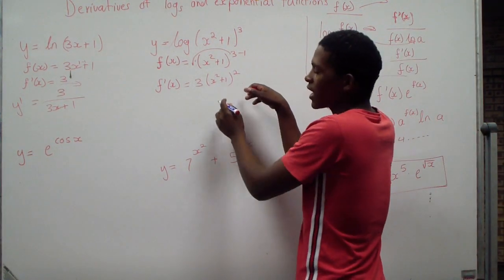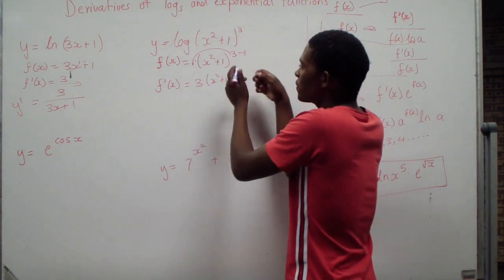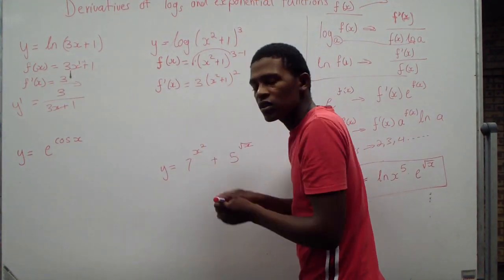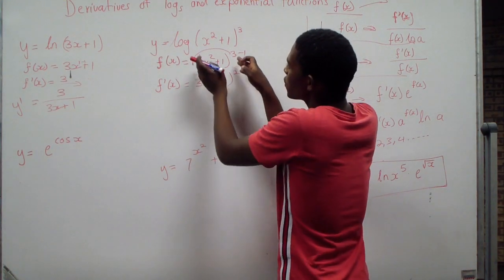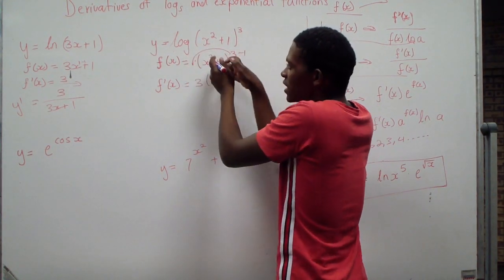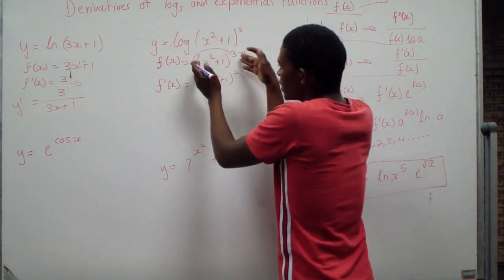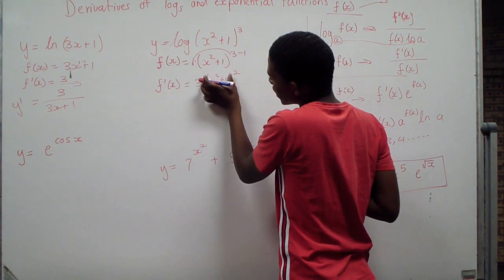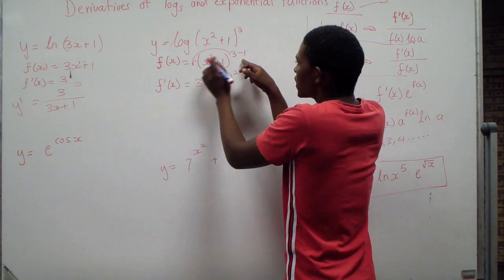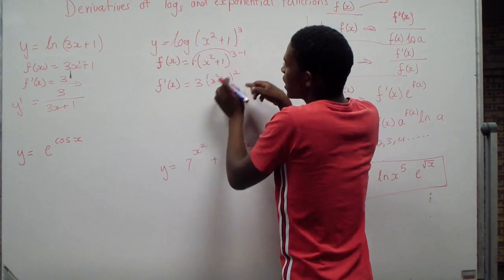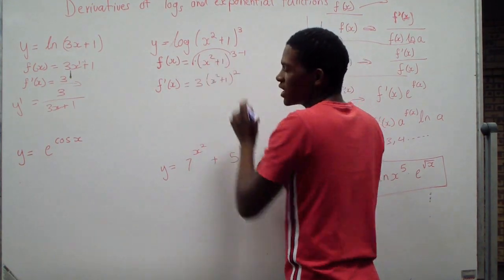Remember, I said in order to derive using the chain rule, you first derive the outer part, then the inner part. In this case, I took this as my outer part, so that's why I derived the 3 first. Now I'm going to derive my inner part.